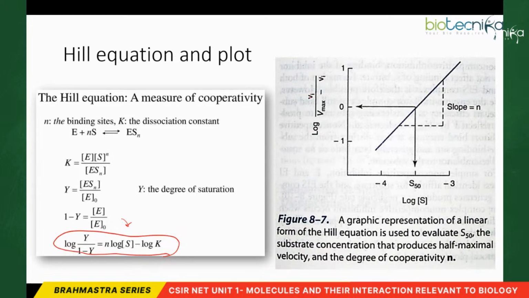Now, in the case of enzymes, this y would be V0, that means the degree of saturation. And 1 would be the maximum saturation. The maximum value of binding is when all binding sites are occupied, so 1 is the maximum value of theta, in which 100% of the sites are occupied.